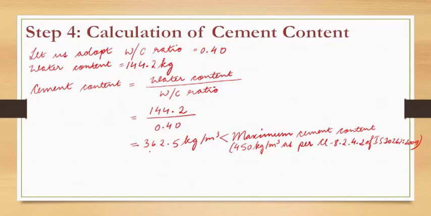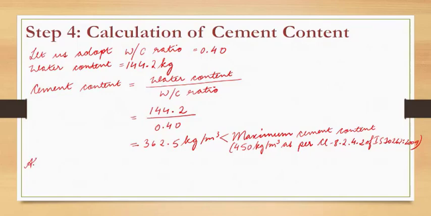We have already calculated the minimum cement content in the second step, which we found as 290 kg per meter cube. Our cement content calculated is 362.5 kg per meter cube.